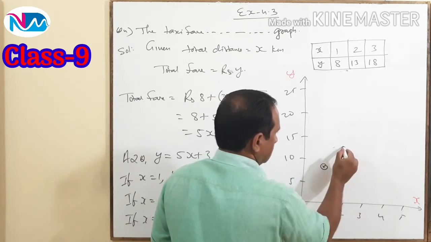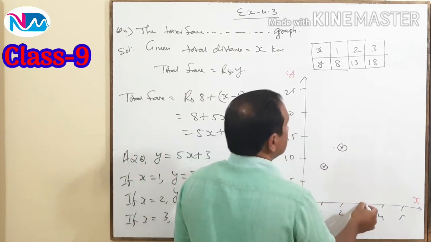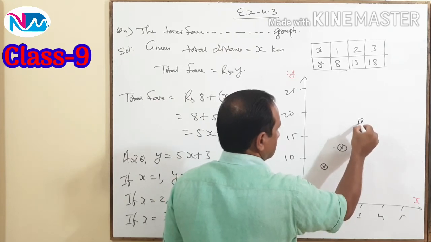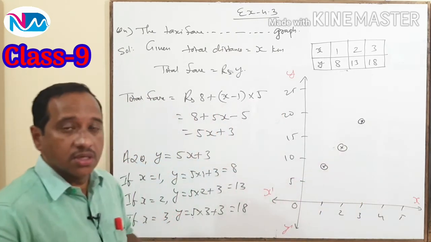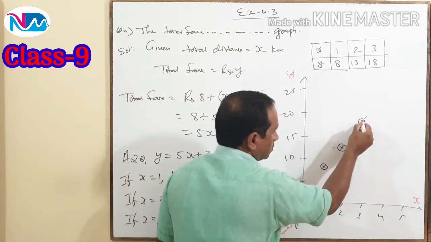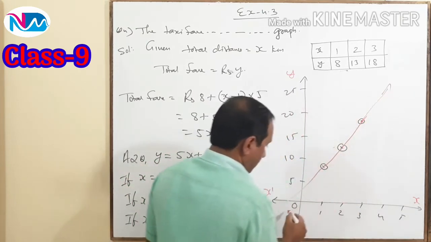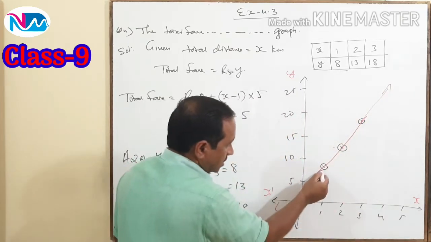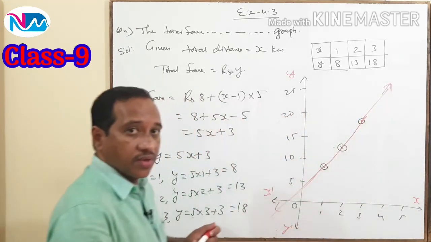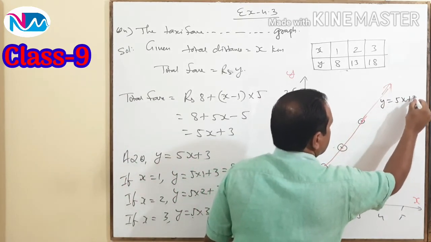It is somewhere here. And third, 3, 18. It is somewhere here. So I have plotted all the 3 points. Now I am going to join them. So this is the graph representing the linear equation in 2 variables, y is equal to 5x plus 3.